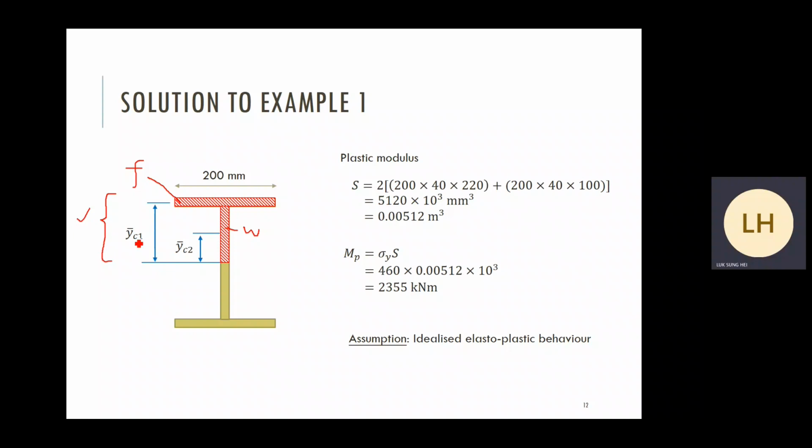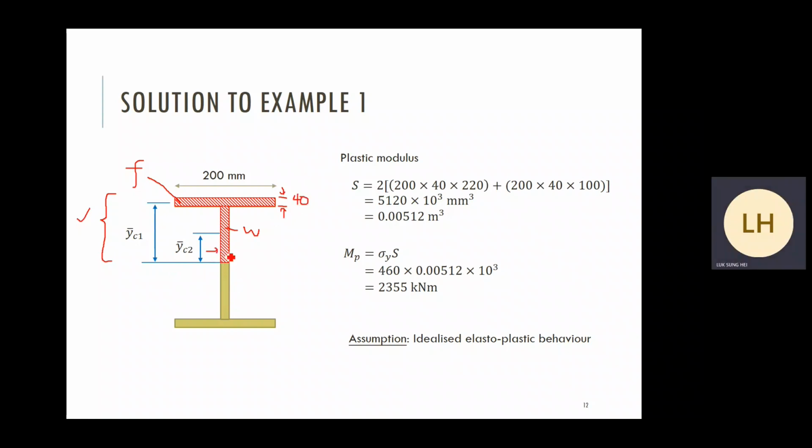Based on our terminology, I use Y bar to denote the center of the force, the moment arm of the force. We divide the calculation into two elements, the horizontal flange and this vertical web. The thickness, I think the thickness here is equal to 40 mm.